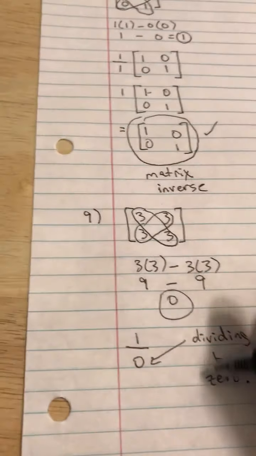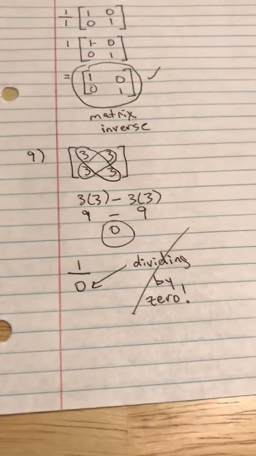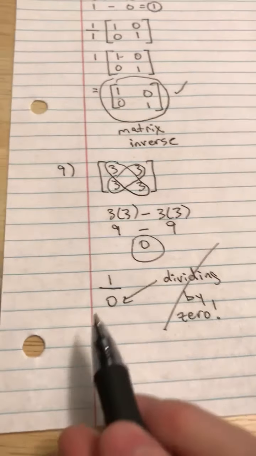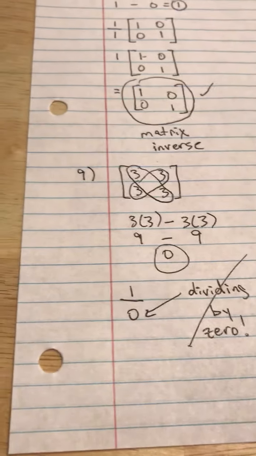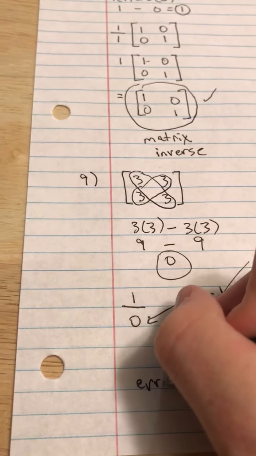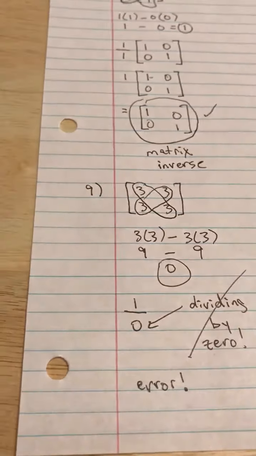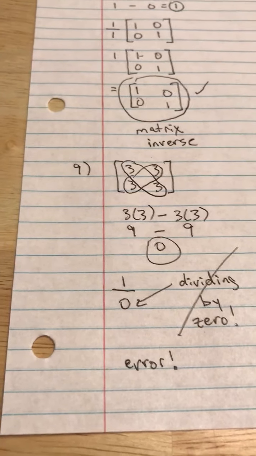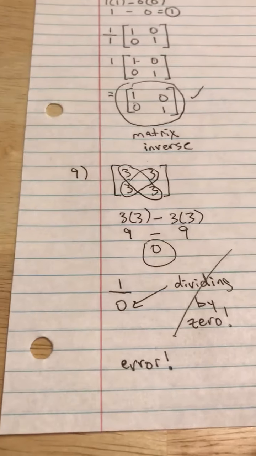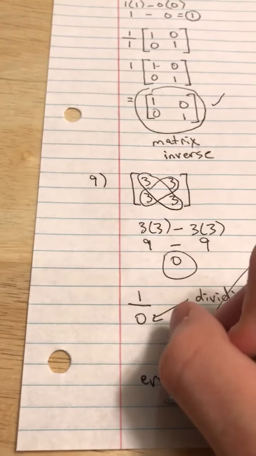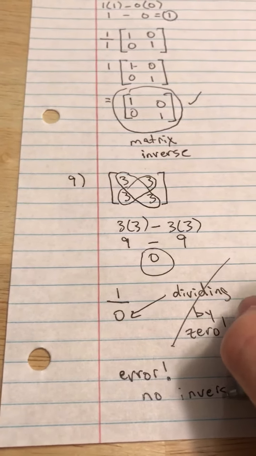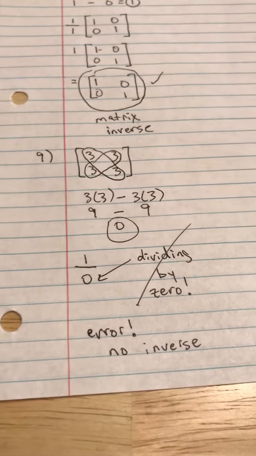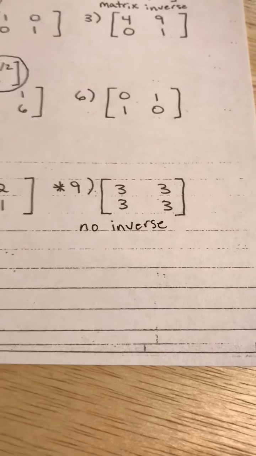And of course, that's not allowed. We can't divide by 0. 1 divided by 0, if you try that in a calculator, it's going to give you an error, right? So that means we can't really multiply a new matrix by whatever this fraction is. And since we can't do it, we say that this matrix has no inverse. So that's what you want to write over here, no inverse.